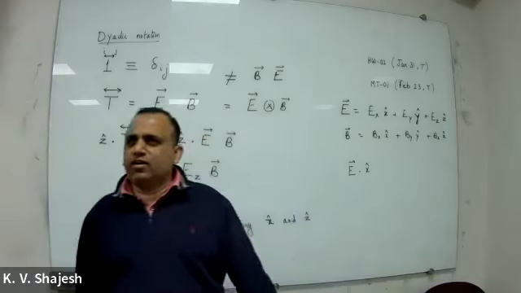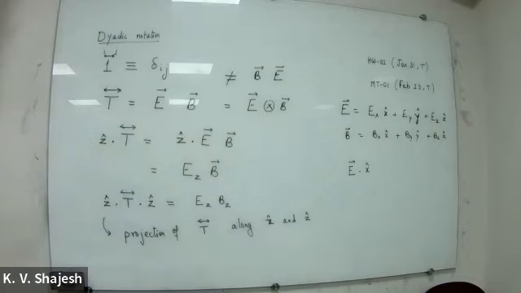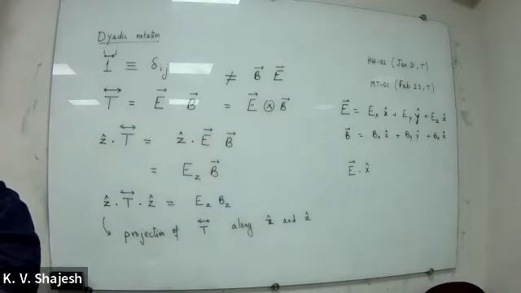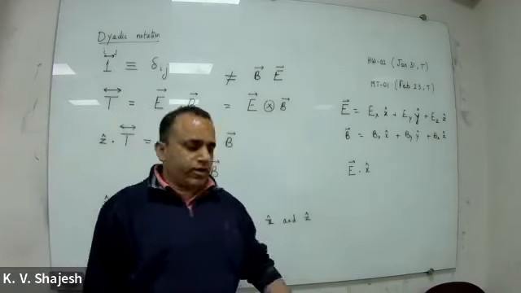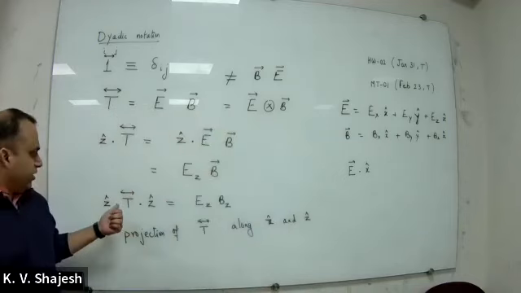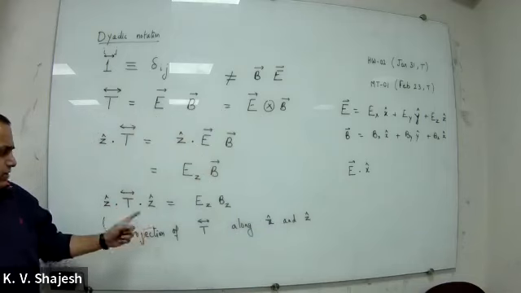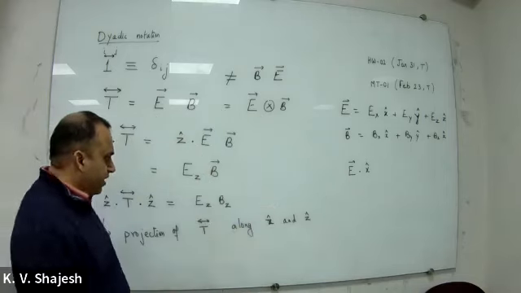You don't say scalar. Scalar by definition is something that is invariant under rotation. So Ex squared plus Ey squared plus Ez squared, that's the scalar. But a component of a vector, if you rotate your axis, that will change, right? That will be smaller or bigger. So it's a component of a vector. Similarly, this is a projection or a component in the x hat and z hat direction.